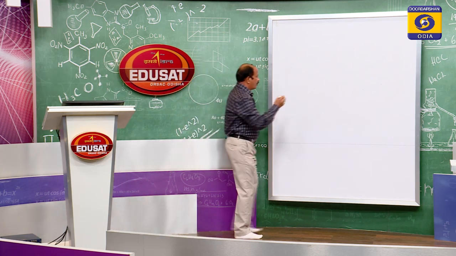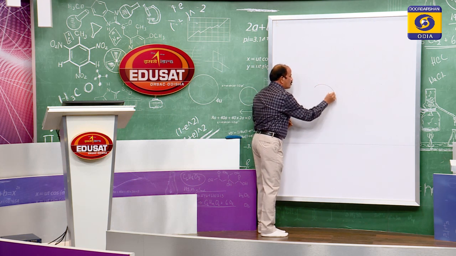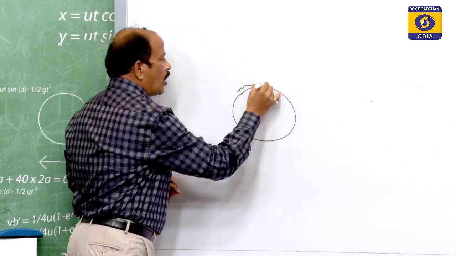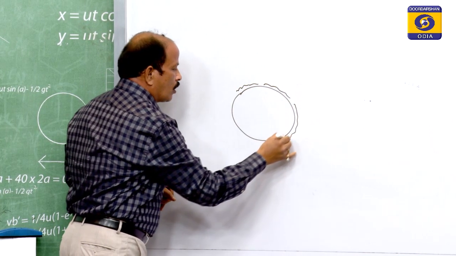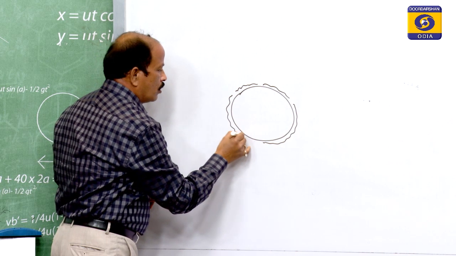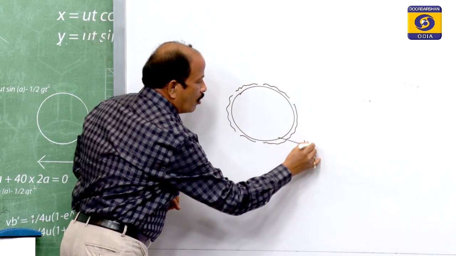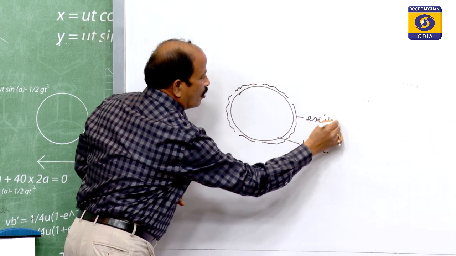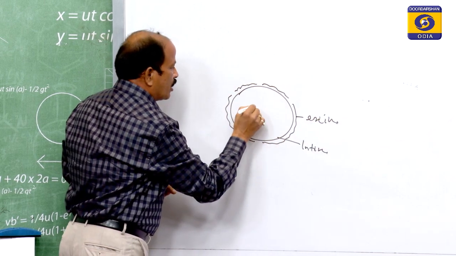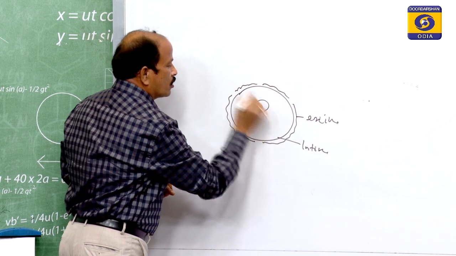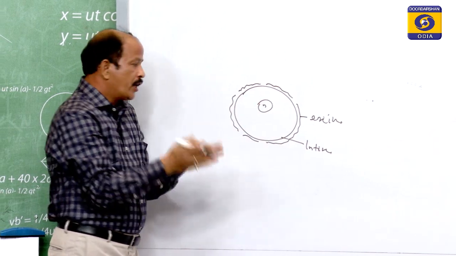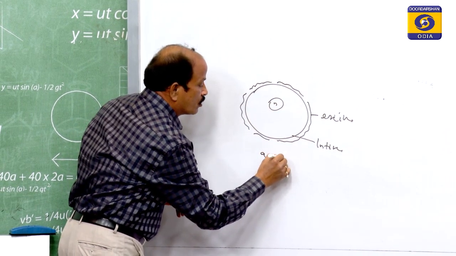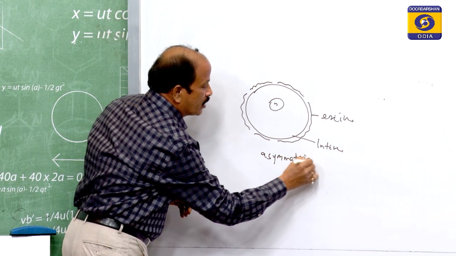The pollen grain, as it grows in size, develops a wall around it. The inner wall is the intine and the outer one is the exine, and there is a haploid nucleus here, and this haploid nucleus undergoes an asymmetric mitotic division.